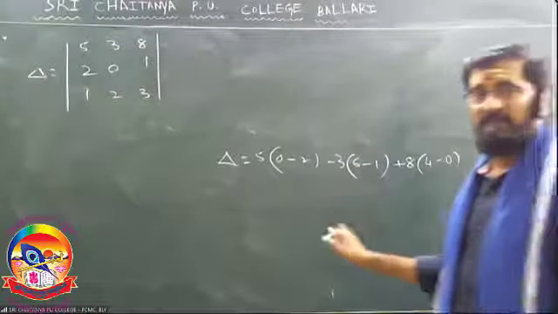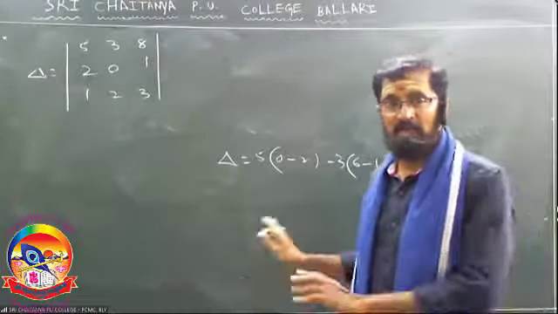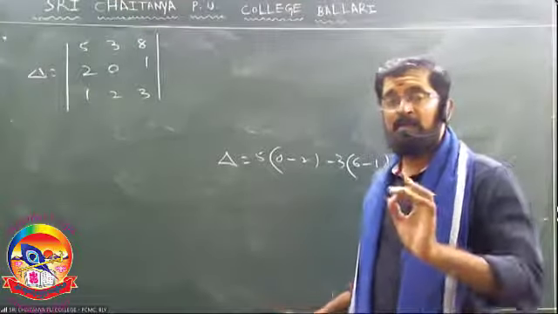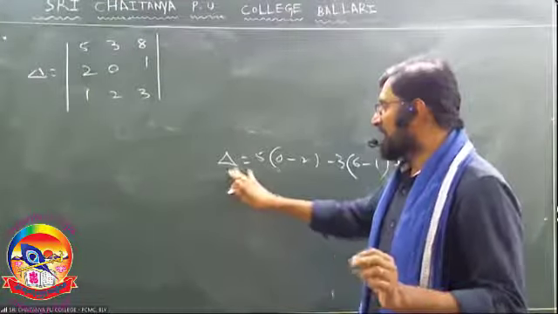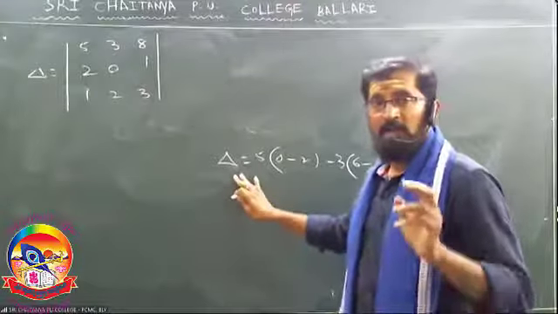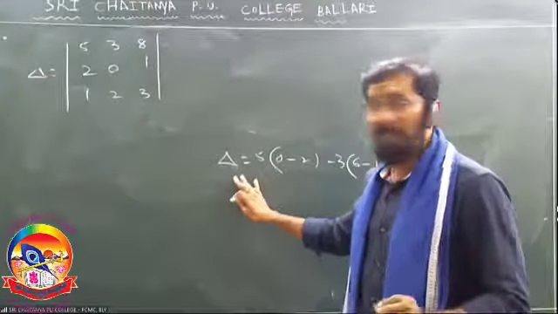If you simplify this, whatever value you get will be the answer. This is the method of expanding the determinant using the first row.